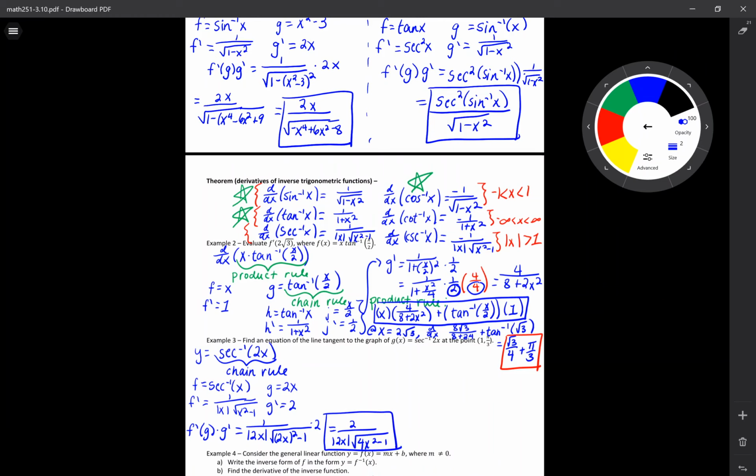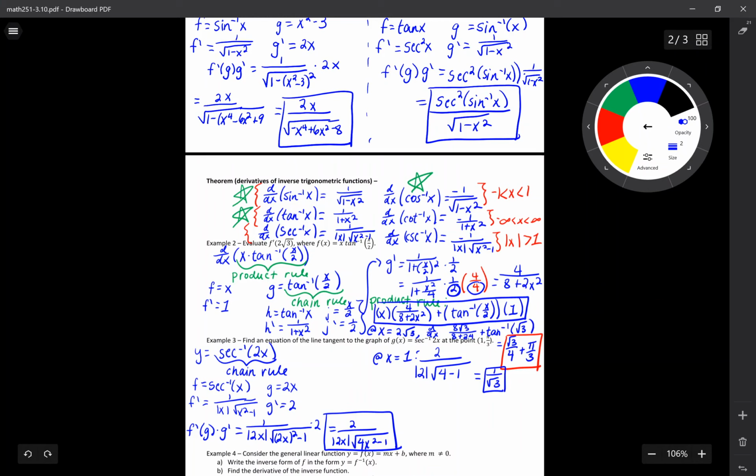And I want to find the tangent line at the point 1 comma pi over 3. So I first need to find the slope by plugging my x value into this derivative. So at x equals 1, I get 2 over absolute value of 2 times the square root of 4 minus 1. This simplifies to 1 over square root of 3.